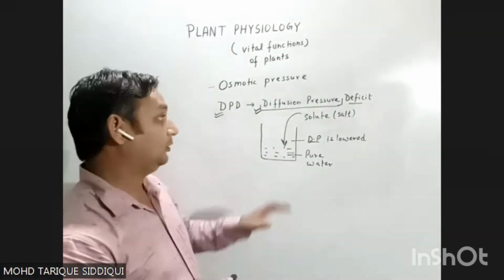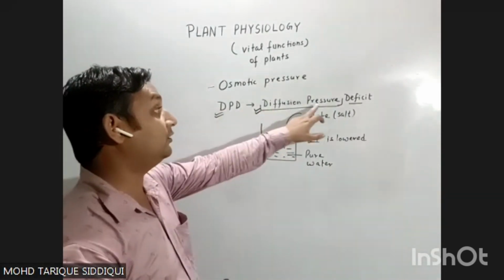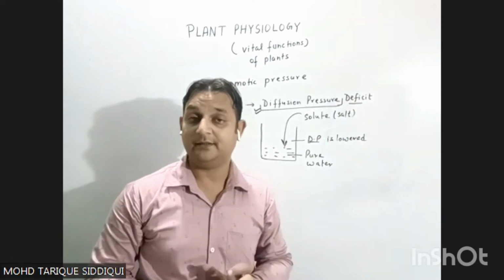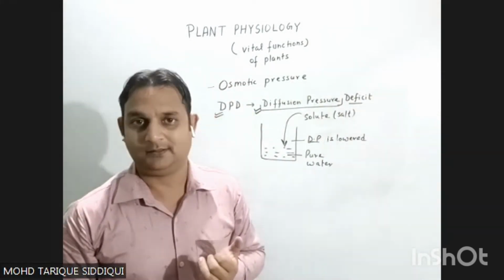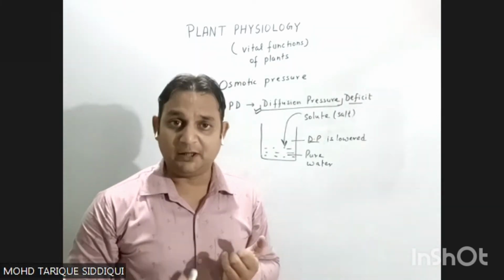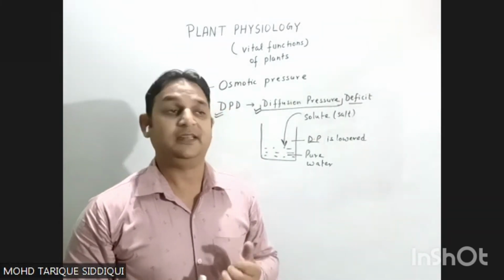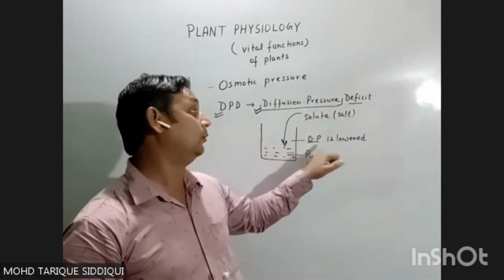All right. So how do you write the definition of diffusion pressure deficit? When the solute is added to a pure solvent, say water, then the diffusion pressure is lowered.